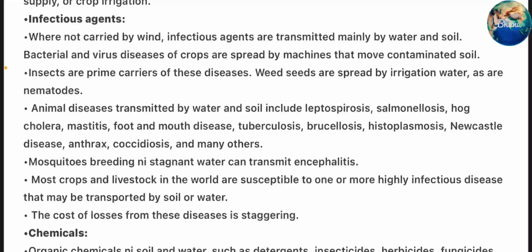Mosquitoes breeding in stagnant water can transmit encephalitis. Most crops and livestock in the world are susceptible to one or more highly infectious diseases that may be transported by soil or water. The cost of losses from these diseases is staggering.